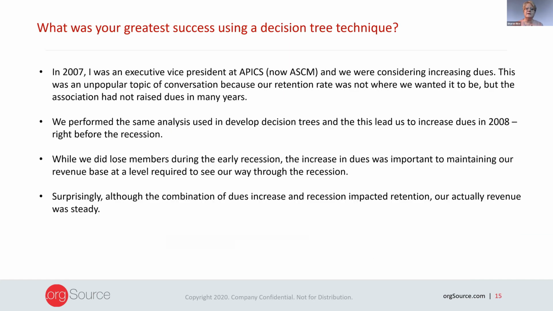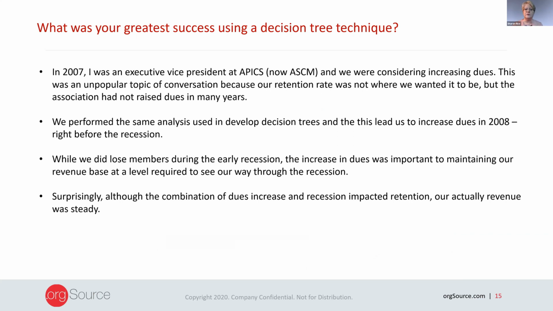Okay, what was your greatest success using a decision tree? It actually happened in 2007, prior to the last recession. We were considering a dues increase. This was highly unpopular. Our chapter leaders were telling us don't do it. Our volunteer leaders were telling us don't do it. When we looked at it, we said we have no choice. We haven't raised dues in a really long time. So we did the decision tree model, and the model said raise dues.